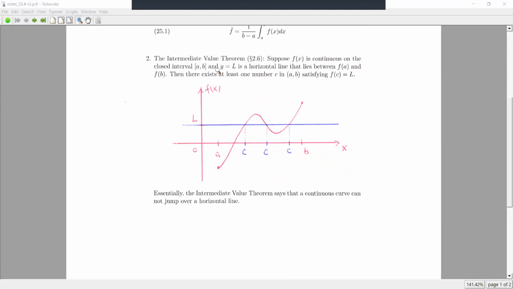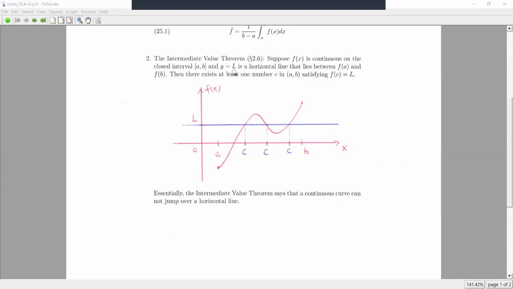Now suppose y is equal to L. The graph of this equation is a horizontal line. Graph of an equation is the set of all the points that satisfy that equation.